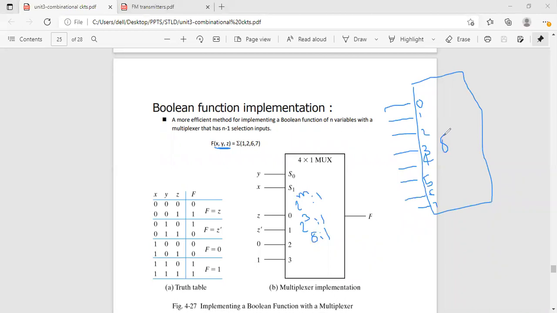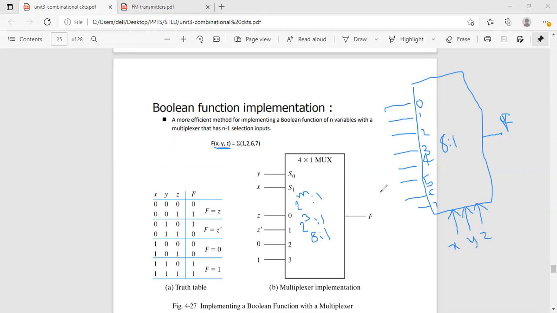Totally how many input lines do we have? 8 input lines, and only one output, which will be represented as F, since F is given, so you have to write F. And how many select inputs here? 3 select lines or 3 select inputs. What is the variable representation here? X, Y, Z.